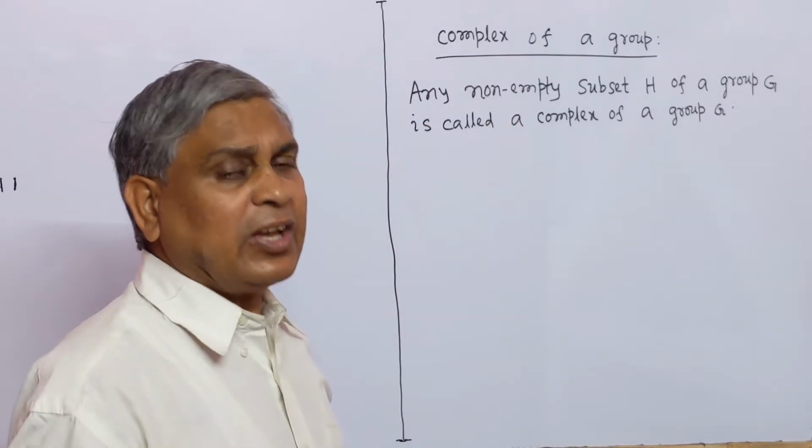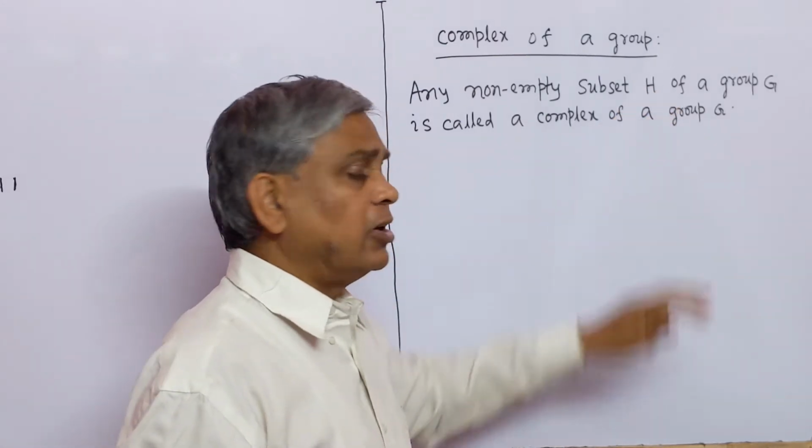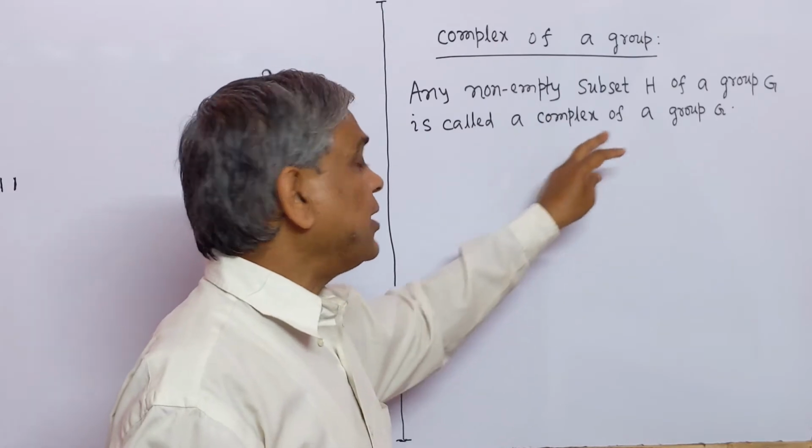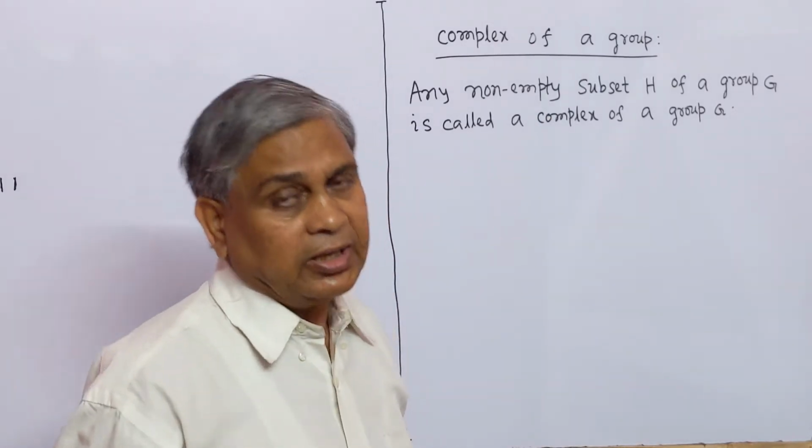Any non-empty subset H of a group G is called a complex of a group G.